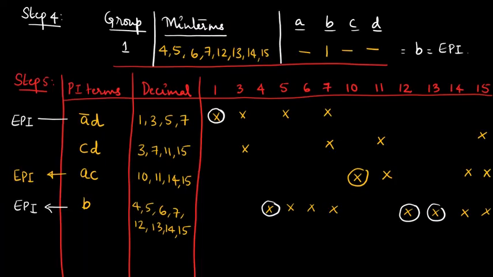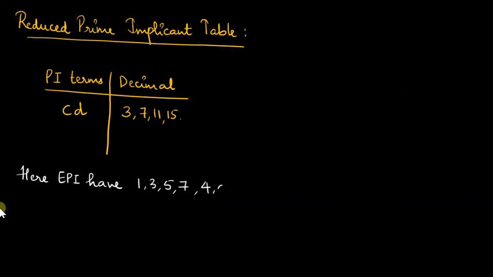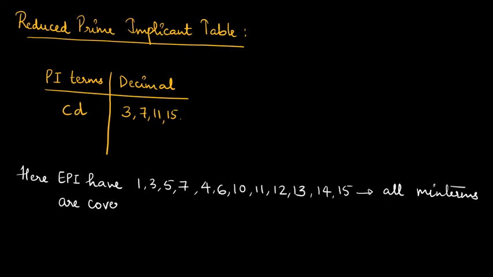The prime implicant that remains is CD, that is 3, 7, 11, 15. The essential prime implicants have the minterms 1, 3, 5, 7, 4, 6, 10, 11, 12, 13, 14 and 15, and all of these minterms are already covered by them.